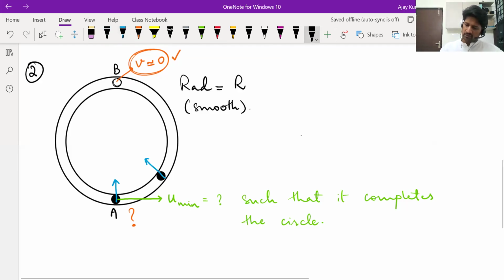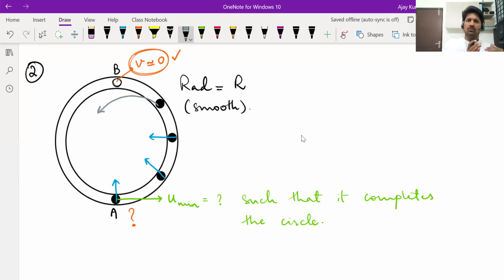Now, at one position, in the lower half, it has no chance of falling into the circle. It will always tend to fall out of the circle. So anywhere in the lower half, normal force will be exerted by the outer surface only. But when it enters the upper half, had the inner surface not been there, when it becomes too slow, it has a tendency to fall off into the circle like this.